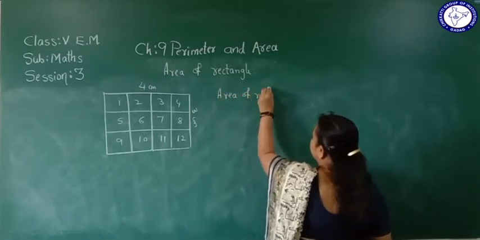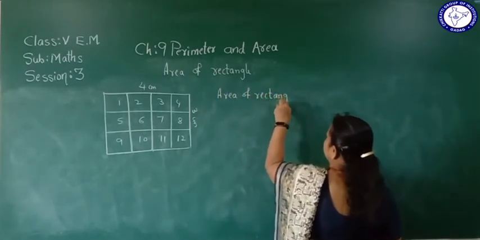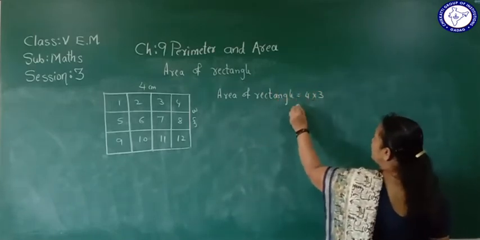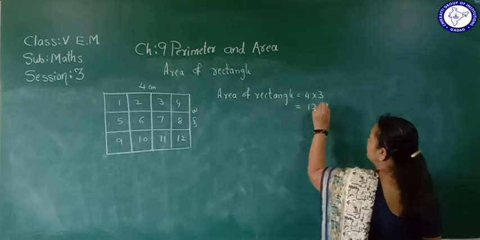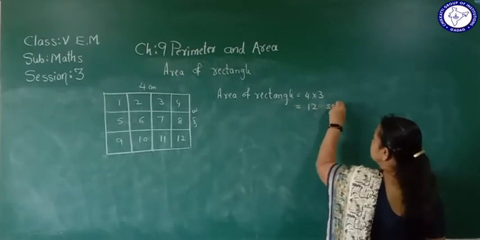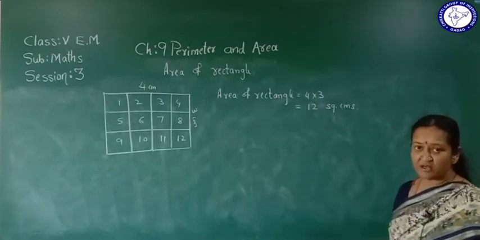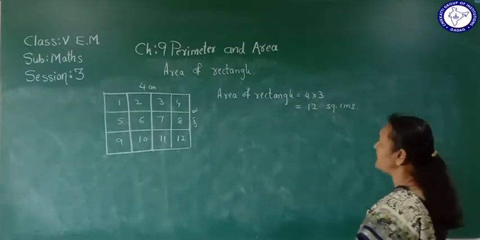Or you can write area of rectangle equals to 4 into 3. If you multiply length and breadth, you are getting 12 square centimeters, isn't it? So how did we get 12? It is length and breadth.